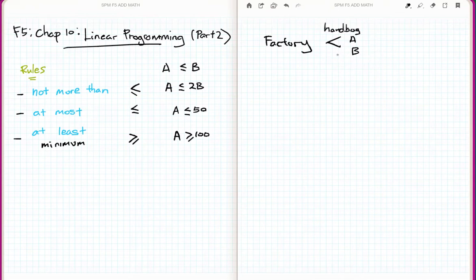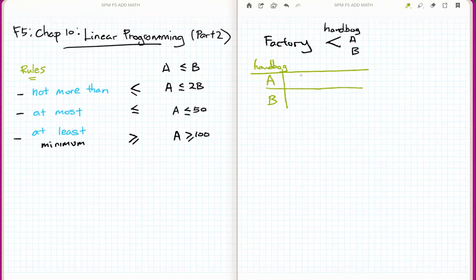The easiest way, I would advise you, is to put them into a table: handbag A, handbag B.